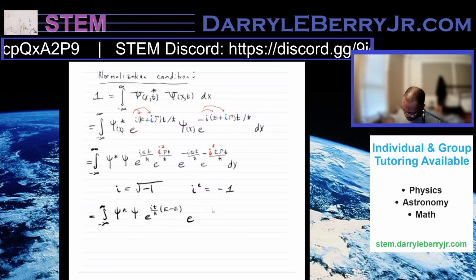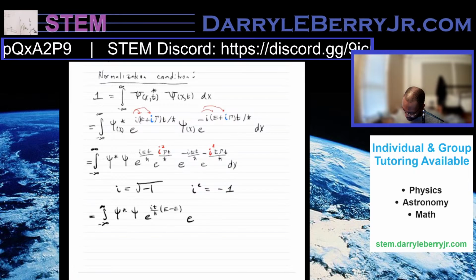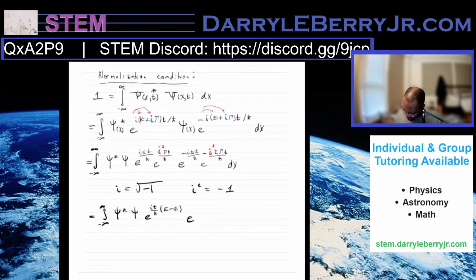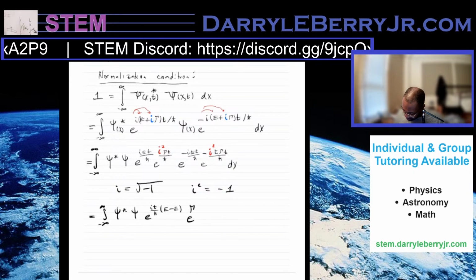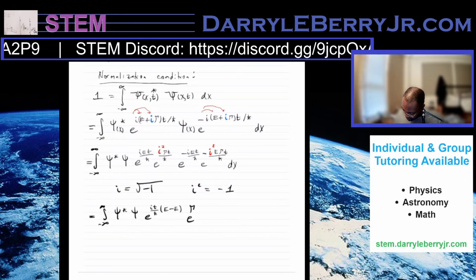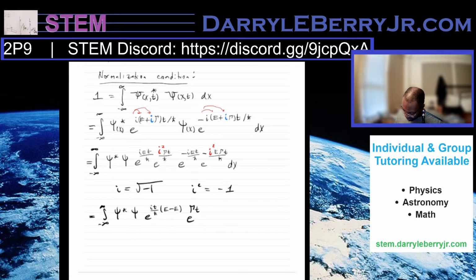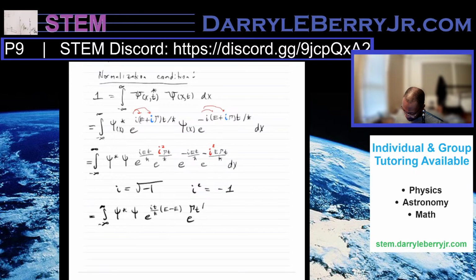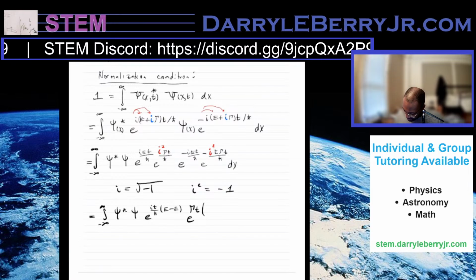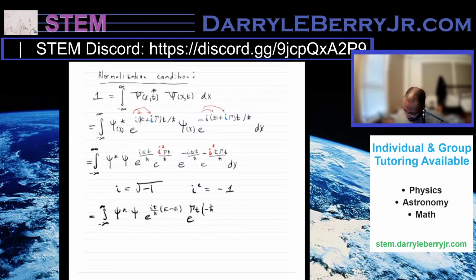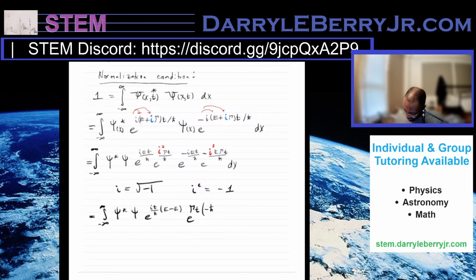Let me simplify this a bit differently. So the one on the left becomes negative. I know I'm going to end up with a lambda t, so I'll put the negative on the h bar. So the one on the left will end up being negative. So I have negative h bar.